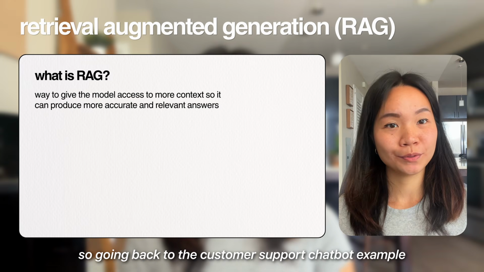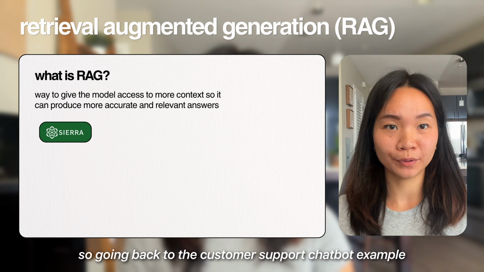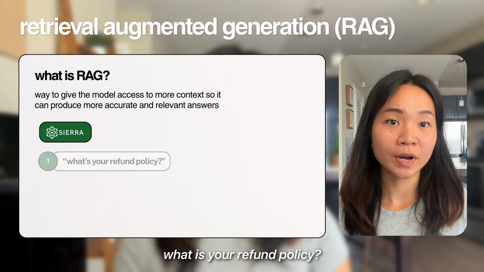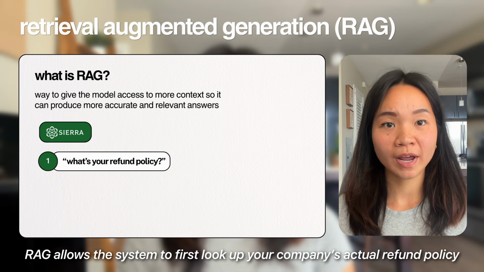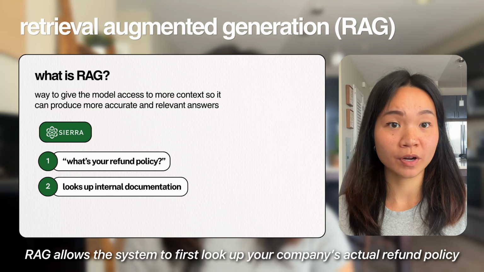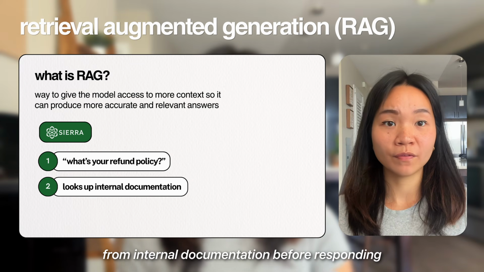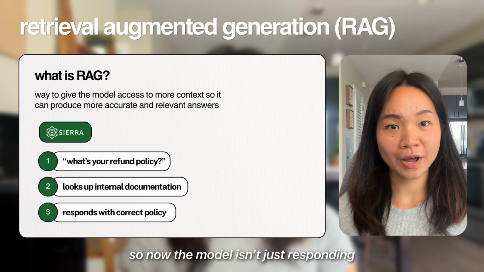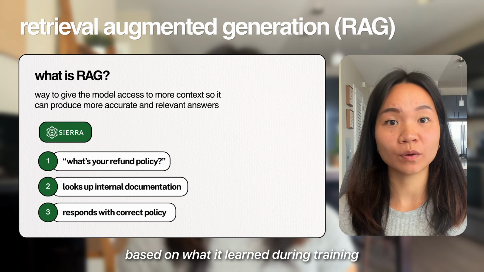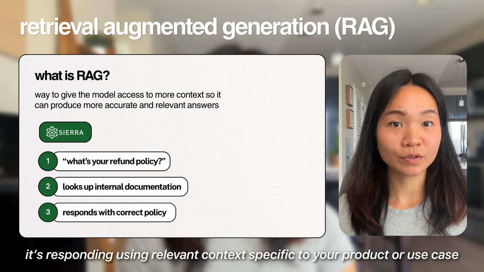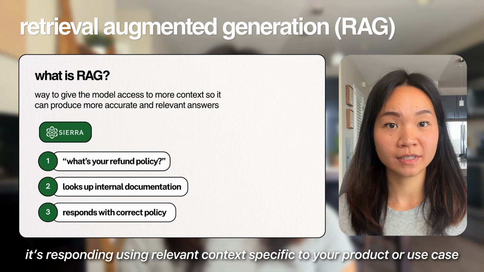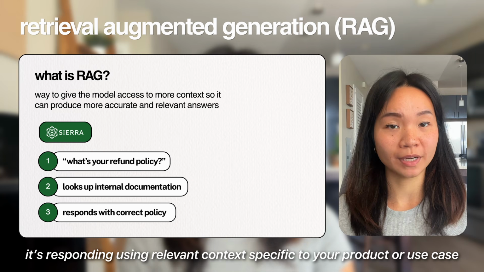So going back to the same customer support chatbot example, when a customer asks, "What is your refund policy?" RAG allows the system to first look up your company's actual refund policy from internal documentation before responding. So now the model isn't just responding based on what it learned during training. It's responding using relevant context specific to your product or use case.